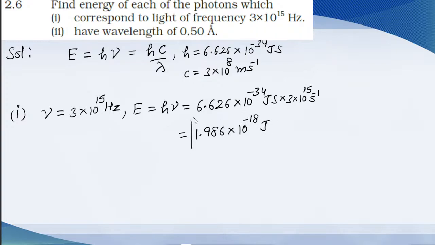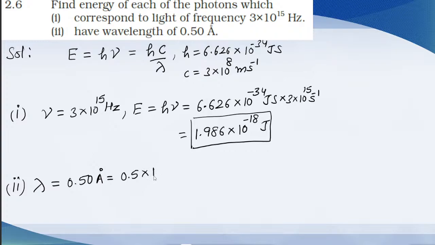So this is the total energy of the photon of frequency 3 into 10 raised to 15. Second part: wavelength is given. Wavelength is 0.50 angstrom. So just convert first into meter. It is 0.5 into 10 raised to power minus 10 meter.